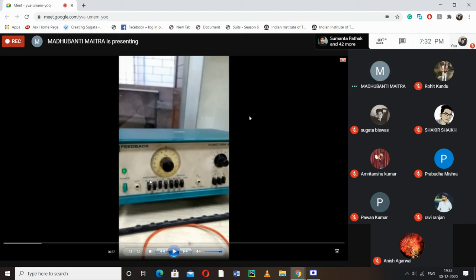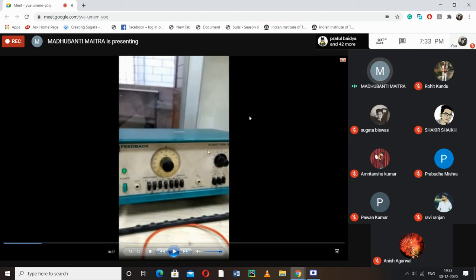So by pressing these keys, we can select a particular frequency range. And with the help of this knob, within this range, we can select a particular frequency. With this particular knob, we can fix the amplitude of the signal.